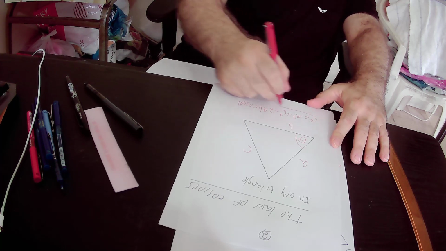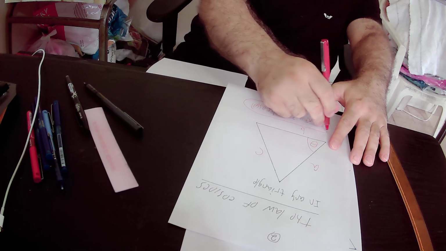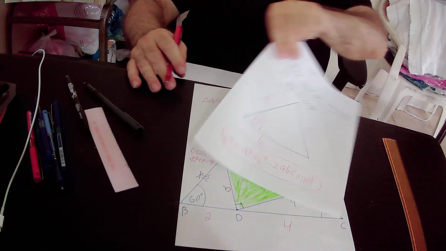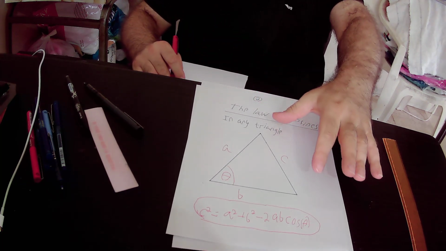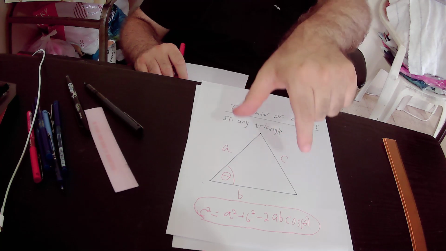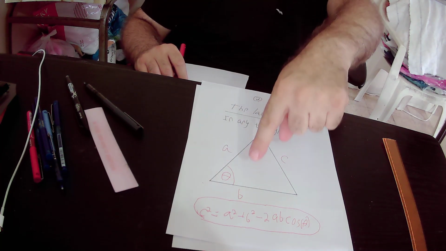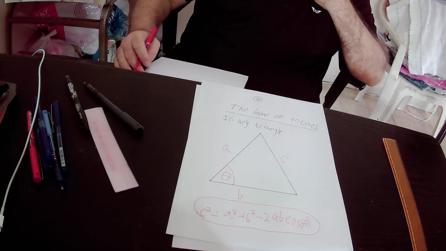Okay, so the law of cosines states that in any triangle C squared equals A squared plus B squared minus 2 times A times B times cosine theta. Okay?